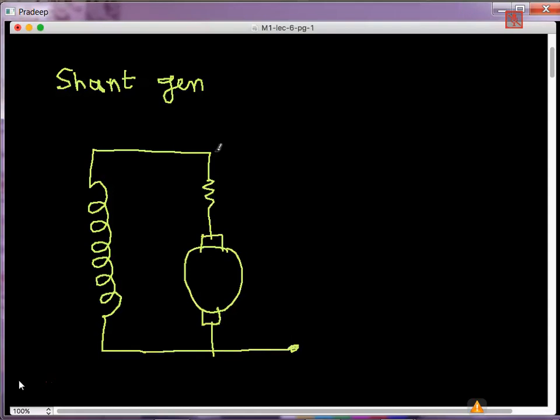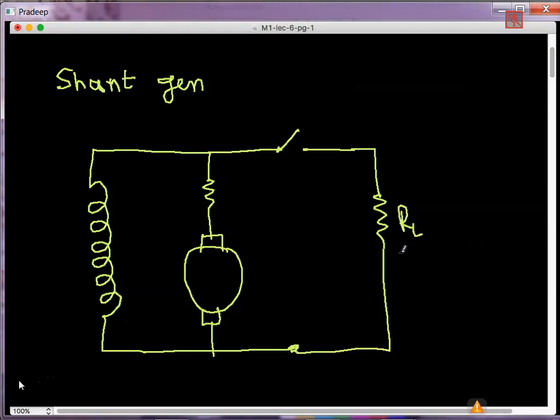The electrical load is not connected, so first I'll keep the switch open, and then there is some electrical load, represented by a resistance RL. This is RA, the armature resistance, this is EG, the EMF that is generated, and then this is the shunt field. RSH is the shunt resistance. This is the direction, plus minus.